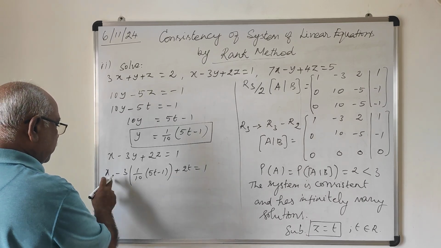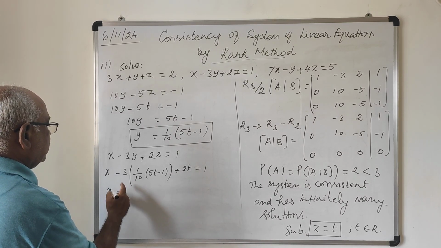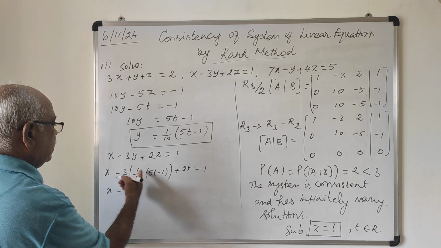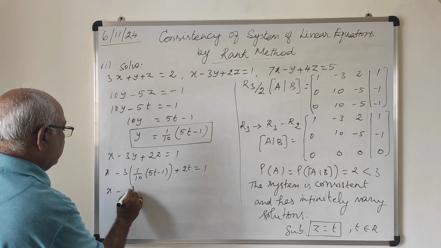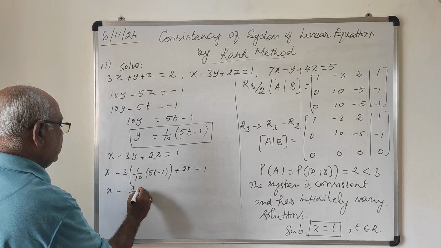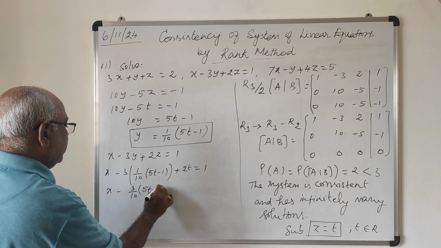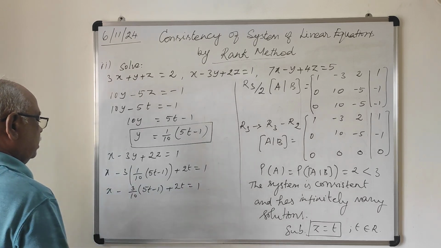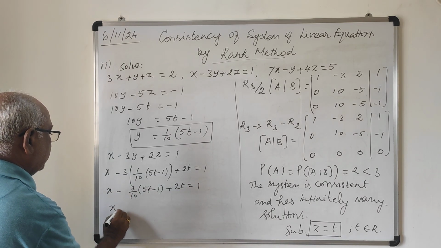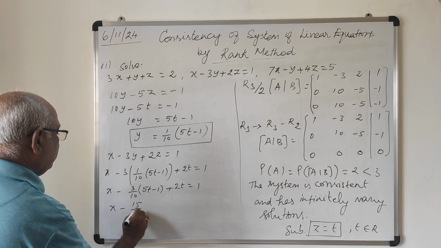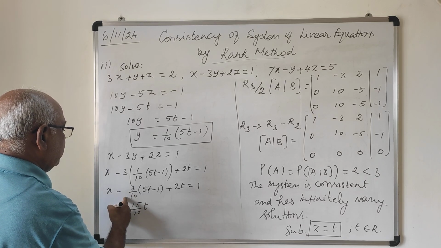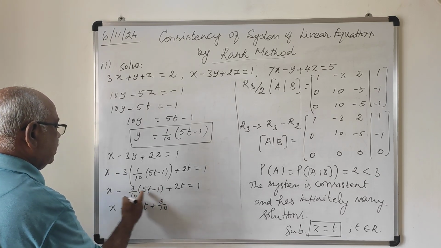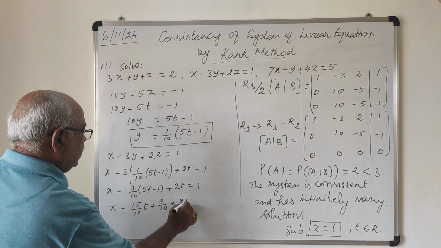So from this we have to find x. x minus 3 by 10 times (5t minus 1) plus 2t equals 1. From this you get x minus 15 by 10 t plus 3 by 10 plus 2t equals 1.